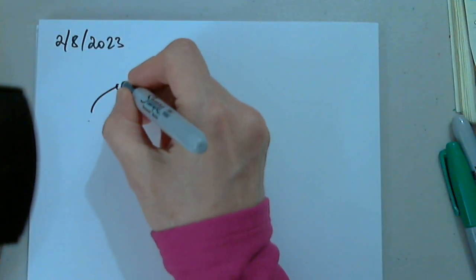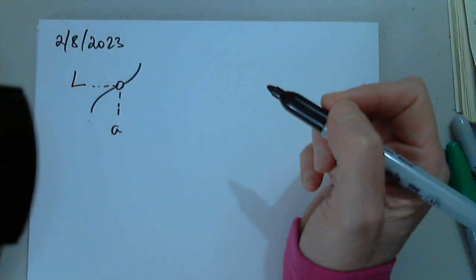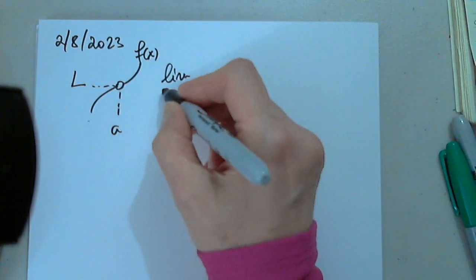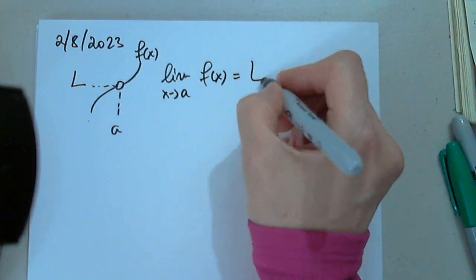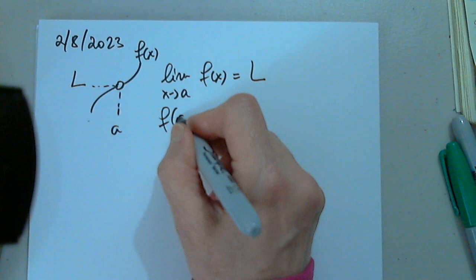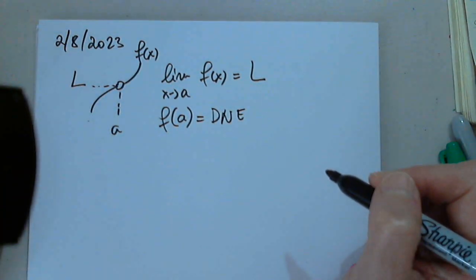So always remember, if we have this situation, and let's say this is A, and this is L, a limit, and this is function f of x. The limit as x approaches A from either side of f of x is L. If I'm asking you to find f of A, then you will say it does not exist.